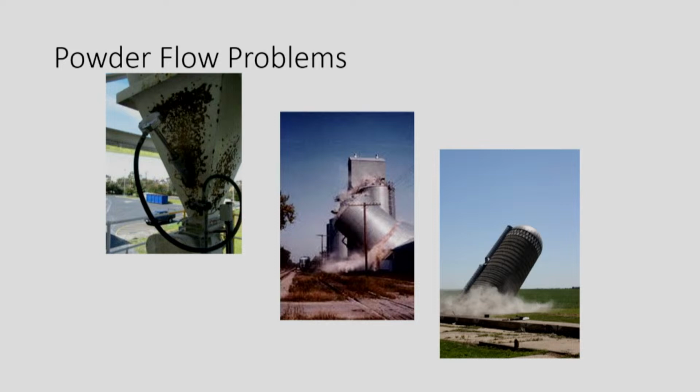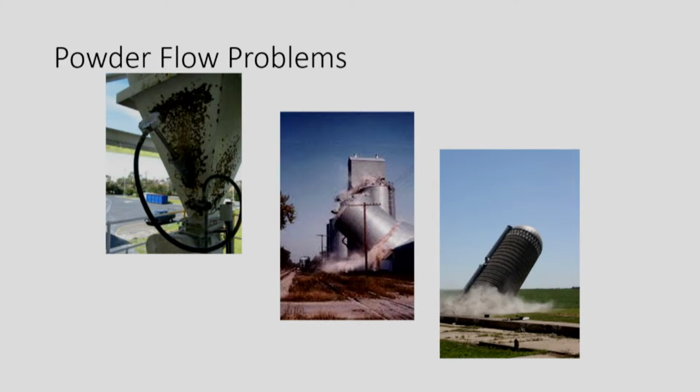So how is flow related to bin failure? Abrasion, yes. More than abrasion, wall friction. That will be one effect. What else? That is a self-emptying system.